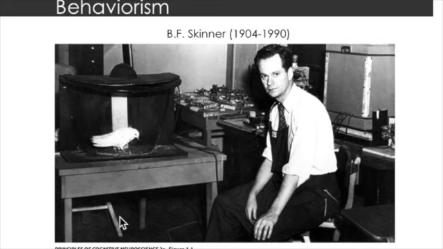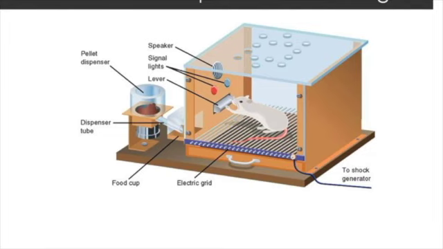Right, so B.F. Skinner was an American psychologist in the early 20th century, who really started to think about behavior as a systematic relationship between stimulus and a response. Right? So he was famous for coming up with this experimental setup. It's known as the Skinner box, and it's useful for operant conditioning, which we'll talk much more about in the later days of this course.